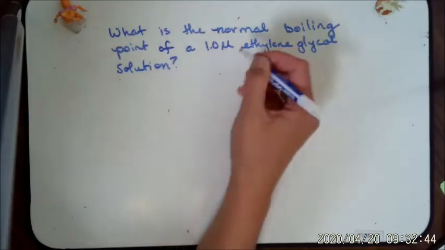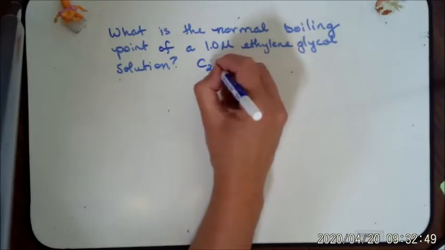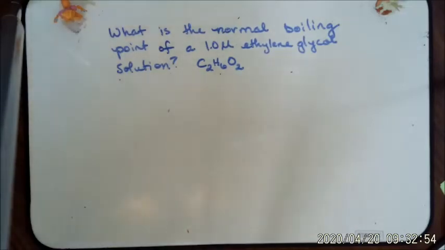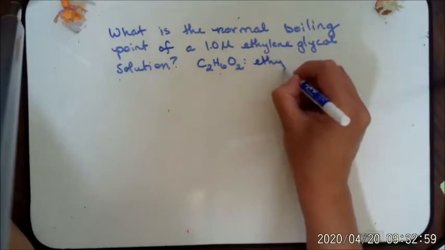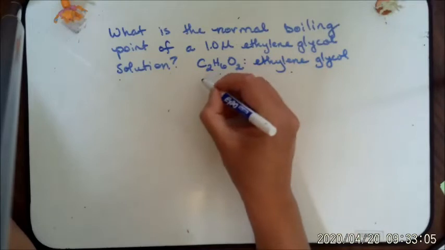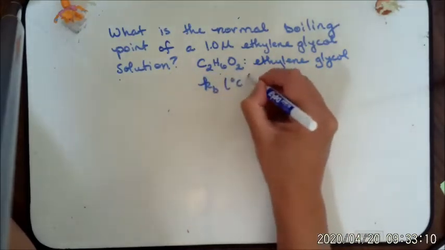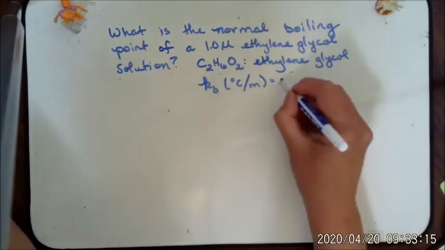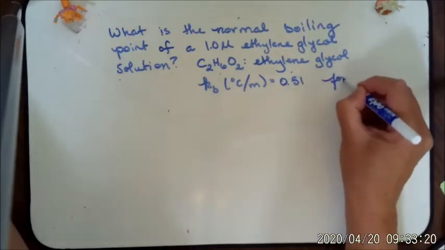Ethylene glycol is C2H6O2. We know that the K_b in degrees Celsius per molal is equal to 0.51 for water.